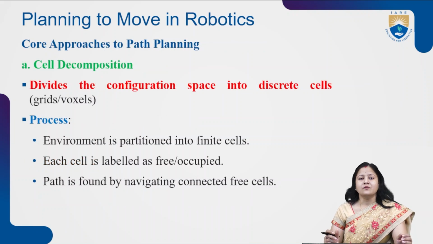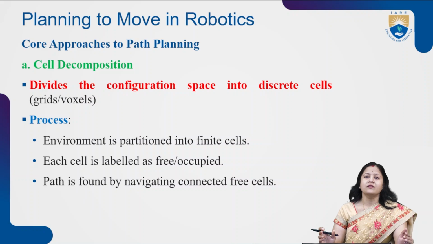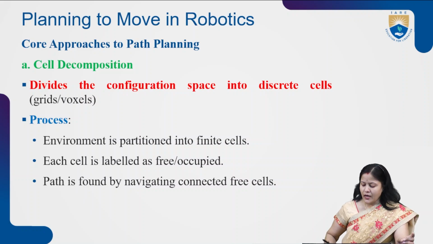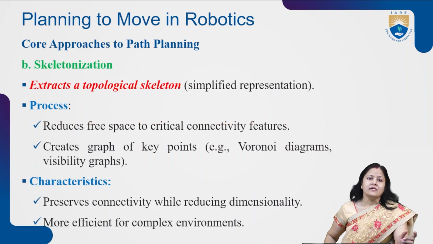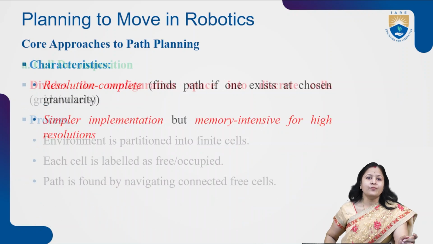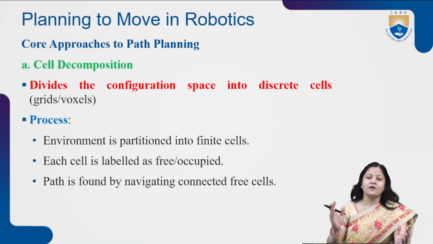Now let me discuss different approaches used for this path planning by the robot. One is cell decomposition and the second one is skeletonization. So cell decomposition, what does it say? Like our TV screen, which is divided into a number of cells, and each cell is called a pixel or a grid. The size of the pixel determines the resolution and the clarity of the picture.